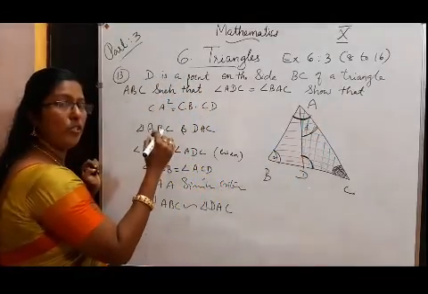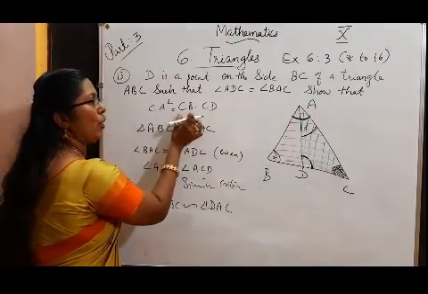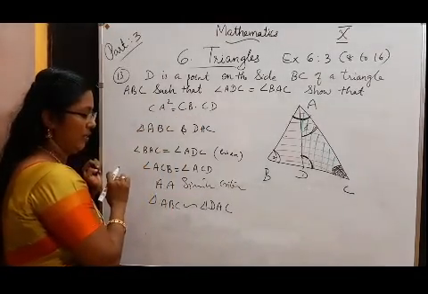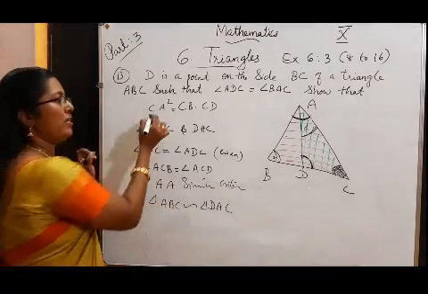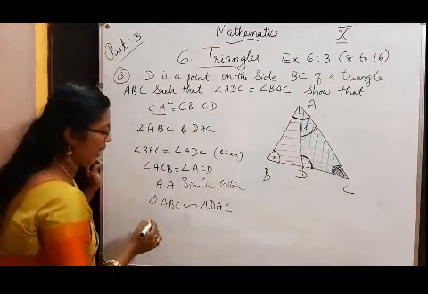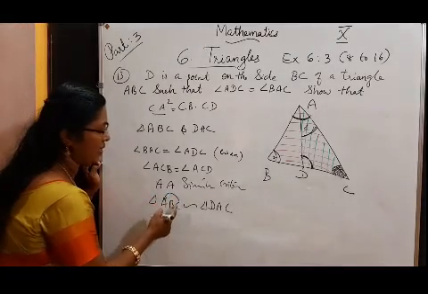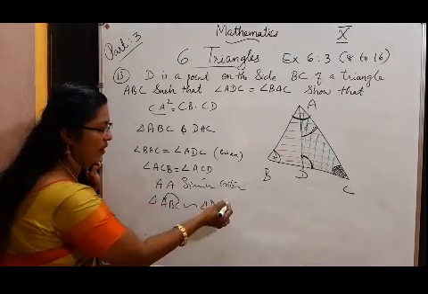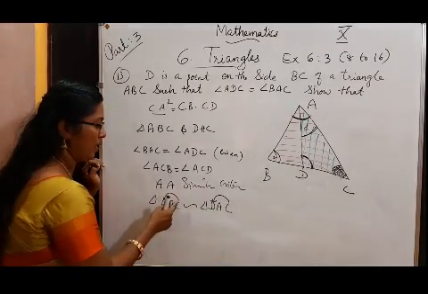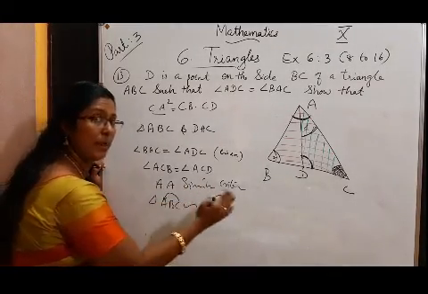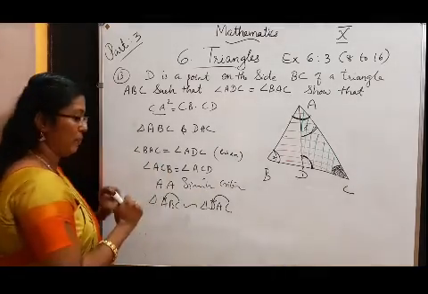Okay. Our aim is to prove CA square equals CB into CD. Here ABC is similar to DAC. We want CA. Where is CA? This is CA. The same way CD, the same line segment. The corresponding sides are proportional.